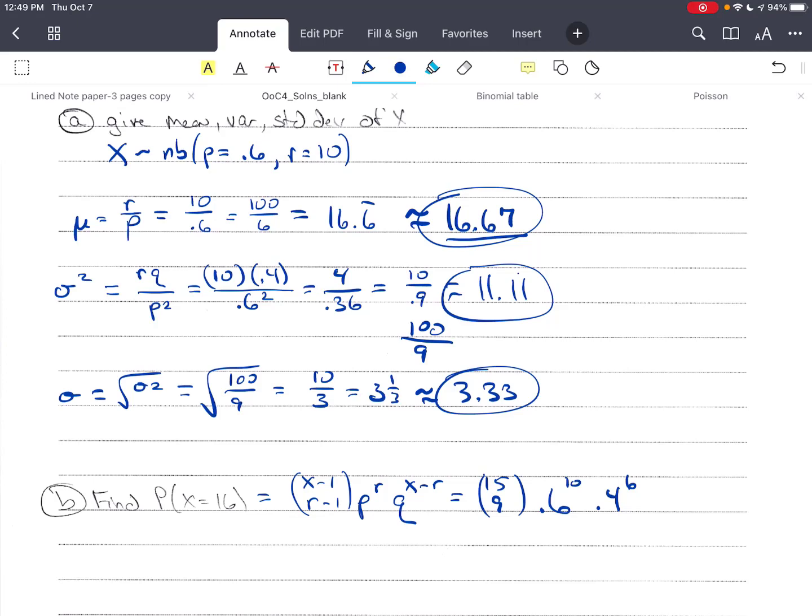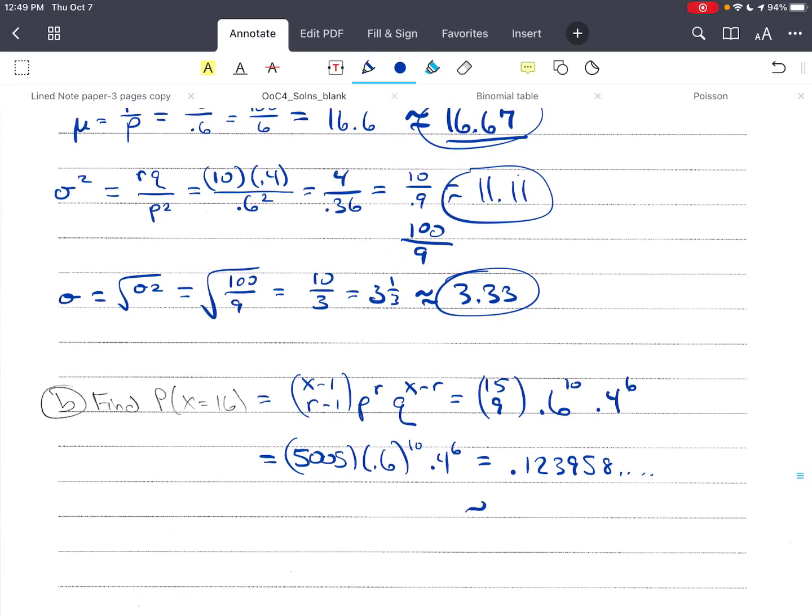And so 15 choose 9 is 5,005, then times 0.6 to the 10th, times 0.4 to the 6th, and I get 0.123958, which will be 0.1240 to 4 decimal places.